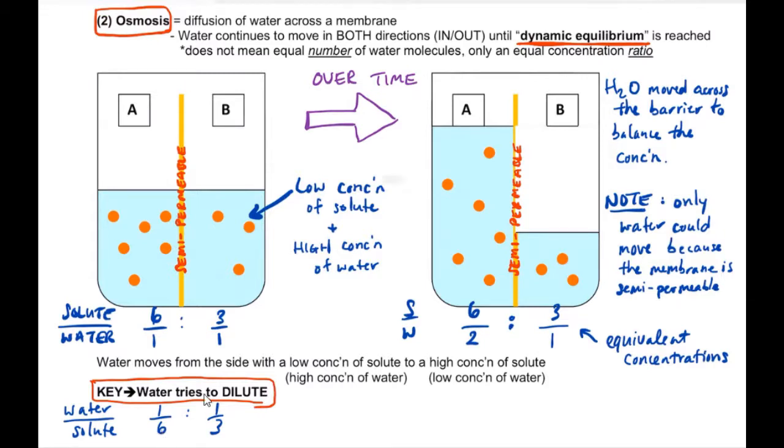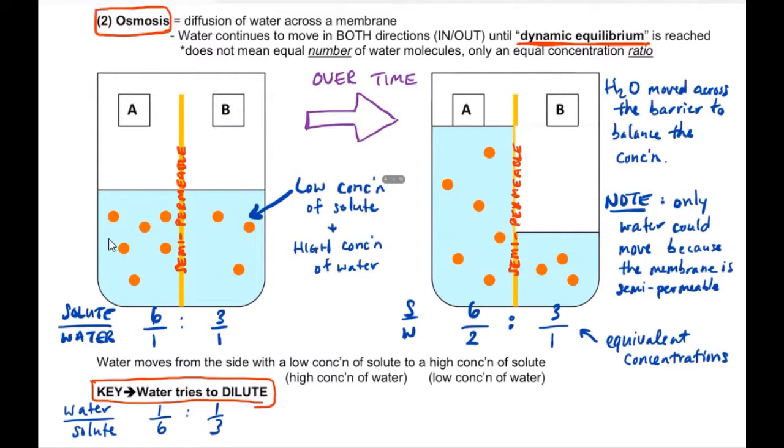Right? So water looks like it's diluting the part that has lots of solute. And you can certainly think of it in those terms if it makes it easier for you. But what water's really doing is moving from where there's a high concentration of water following its own gradient of water particles to where there's less concentration of water. I hope that sticks and makes sense to you.